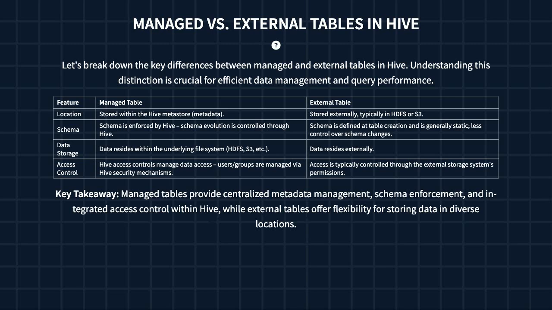While Hive knows about it, meaning it has metadata, it doesn't directly control how that data is accessed. You handle security and permissions through the storage system itself. Essentially, managed tables are for when you want Hive to be central to your data management, while external tables give you more freedom in where your data lives.